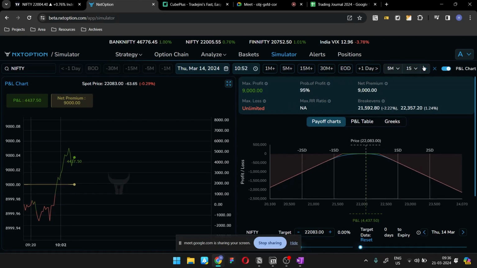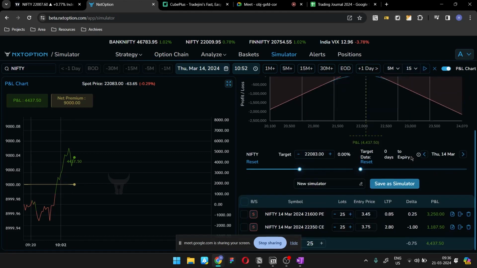Now if you see what has happened, we have gained close to 50% of the premium we have shorted. So ideally, in this case, what happens? We have to move closer to the market, because already if you see what has happened to our put option, most of the value is gone. From 3.5, 4.5 is there.